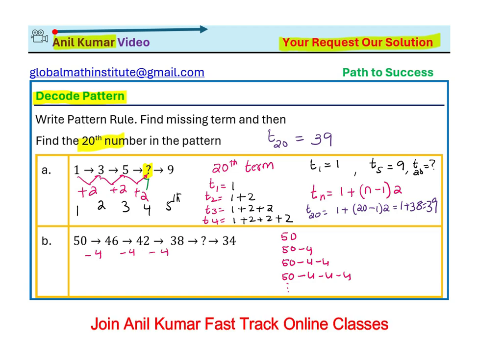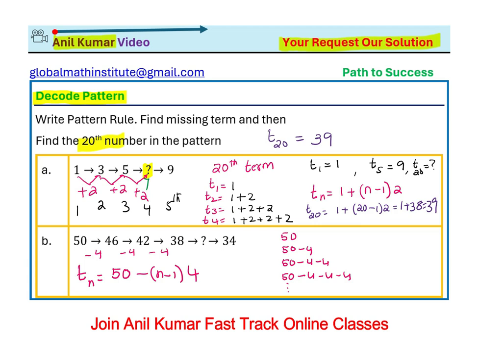So the starting number is 50. If I have to write the nth term, I will start with 50. Since this is a decreasing pattern, not an increasing pattern, we will write minus (n minus 1). And what are you decreasing each time? 4. We get our formula. You see how simple it is.